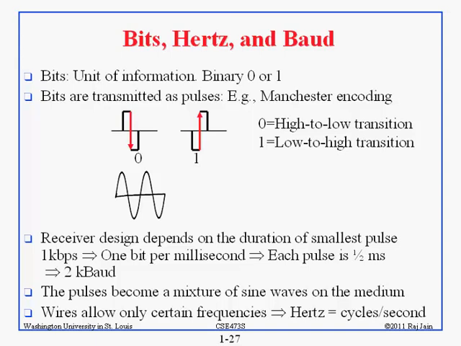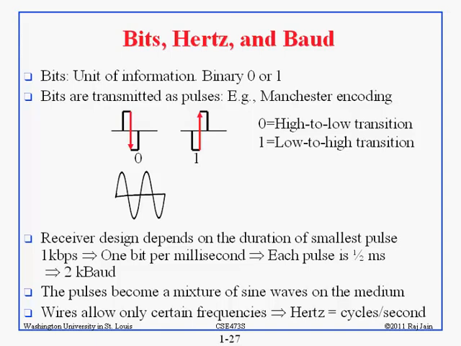Right? Half a million baud. If it is half a second, half microsecond is 2. Sorry, half microsecond is 2 million baud. Okay, so baud rate is the inverse of the time of the smallest pulse in the coding.